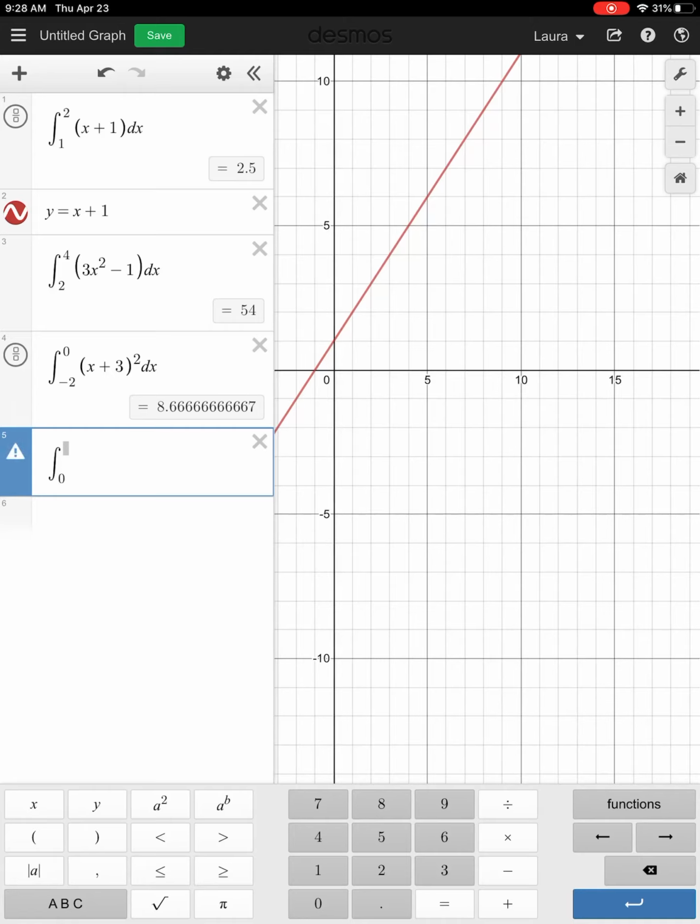This and this are exactly equal to one another.